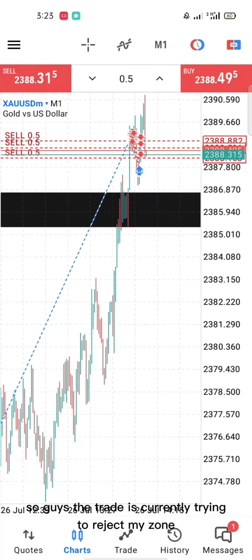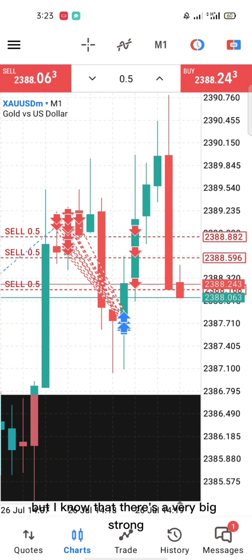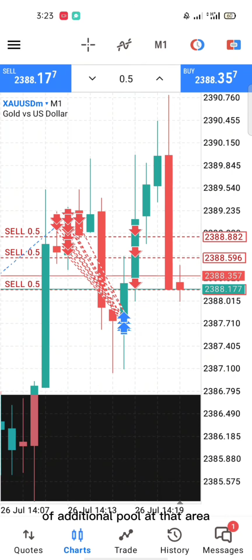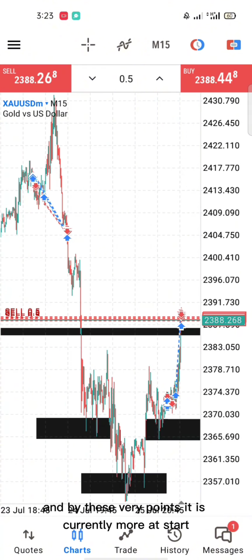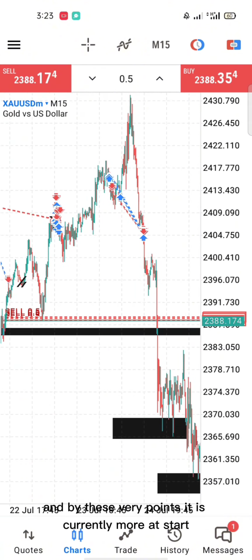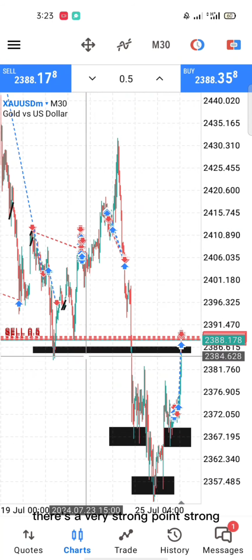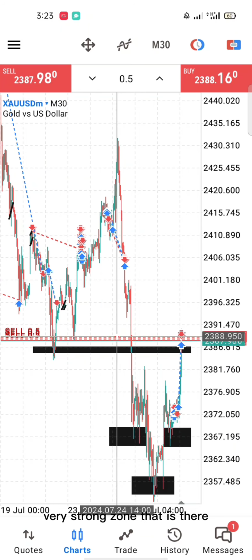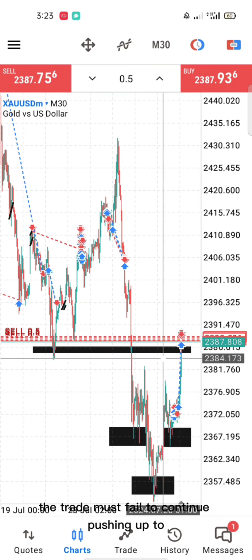So guys, the trade is currently trying to reject my zone, but I know there is a very big, strong gravitational pull at that area. The pull is affected by the zone and this very point, because there is a very strong zone that the trade must fail at to continue pushing upward.